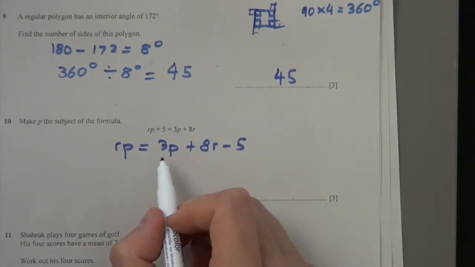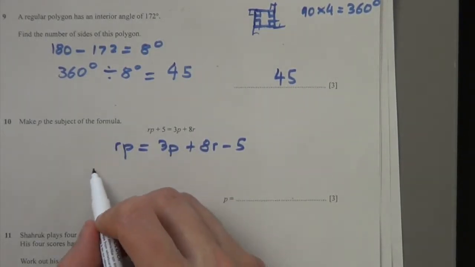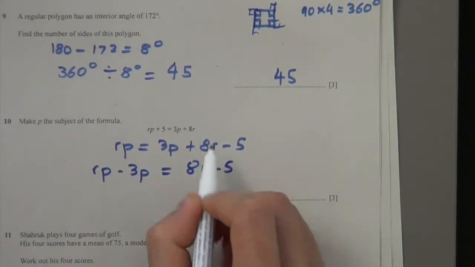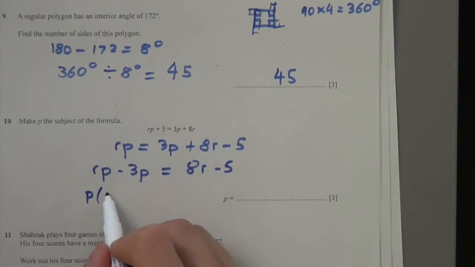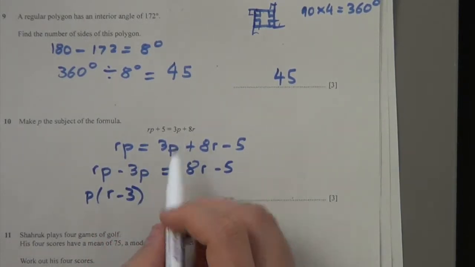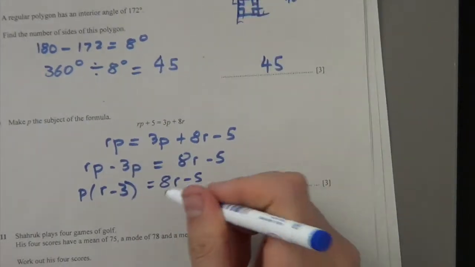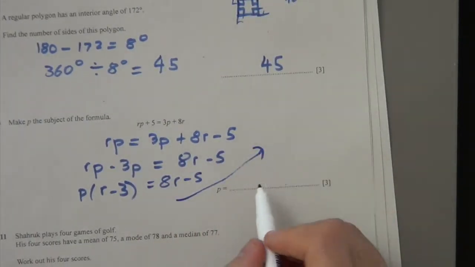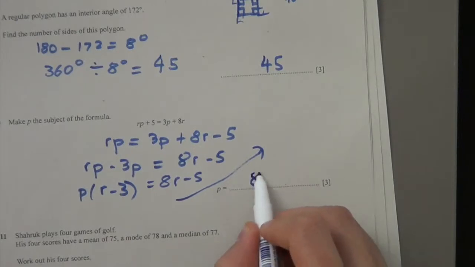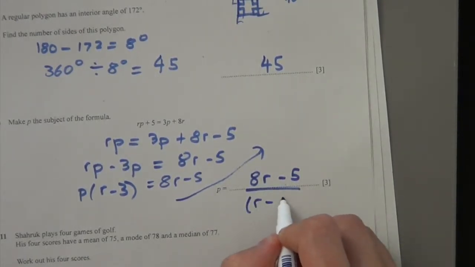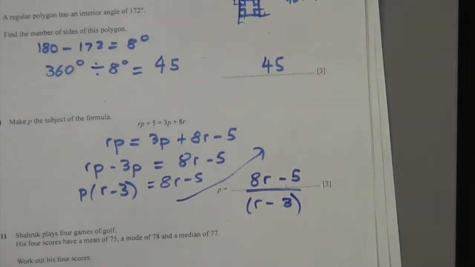I'm going to now move my P over to this side, so it becomes RP minus 3P equals 8R minus 5. I'm going to take P out, so I get P times (R minus 3) equals 8R minus 5. Then if I make P the subject, it will be P equals 8R minus 5 over R minus 3. Okay, that's my final answer.